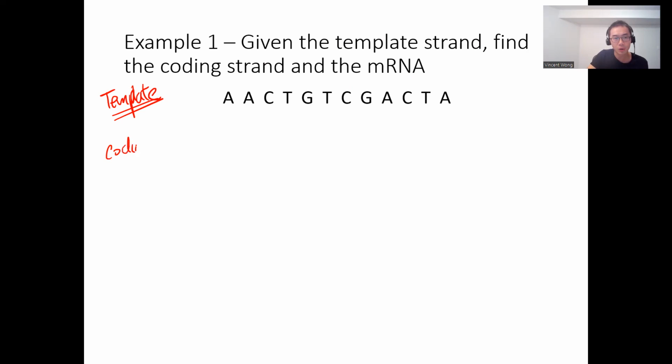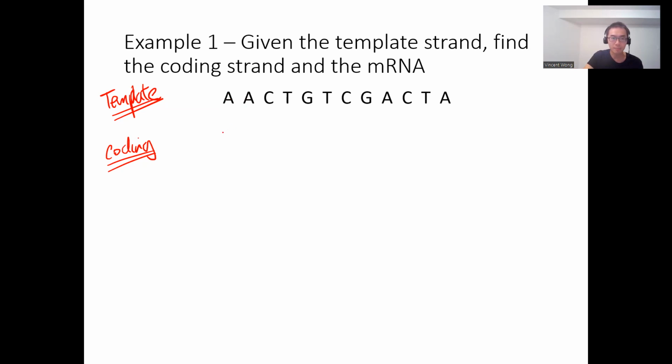So let's find the coding strand. Template and coding are both DNA, and it's easy. If you know one half, you can figure out the other half using the regular DNA base pairing rule. You can say it with me in your own room. You don't have to unmute. You can just say it out loud as I'm doing it to see if you're correct.